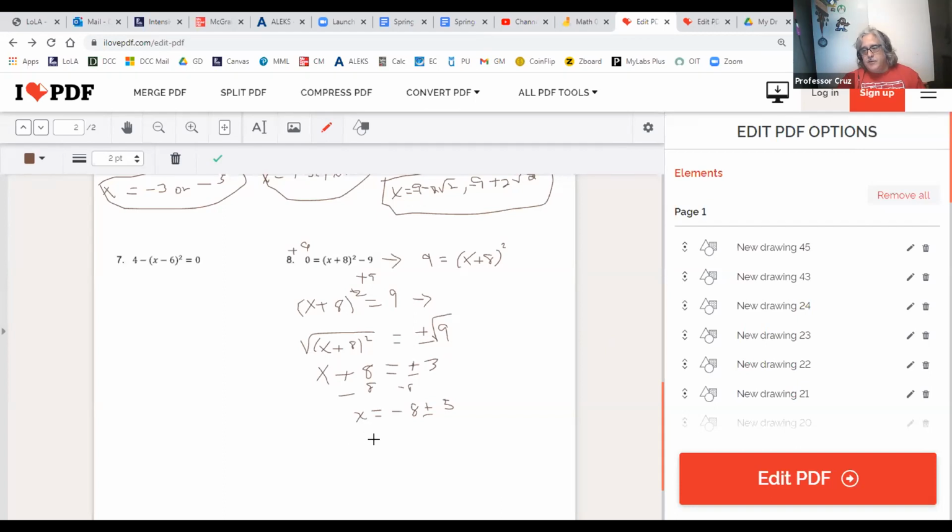So the solutions are x is equal to negative 8 minus 5. X is equal to, so this is 13, right?